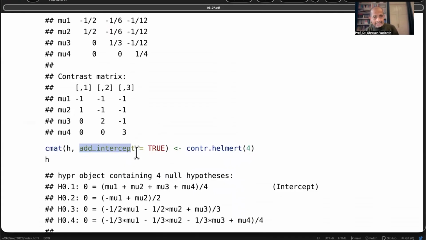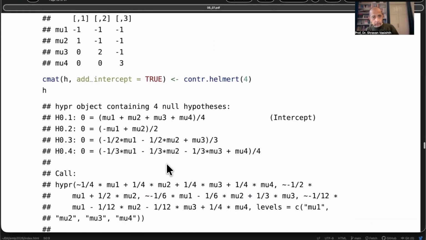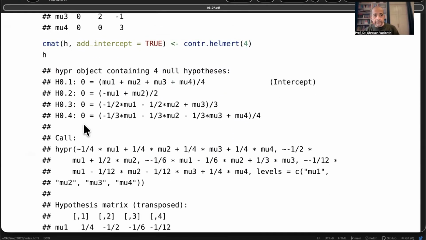But now if you put in add_intercept equal to true, the warning will go away and the comparisons will look like this, okay? There will be an additional hypothesis that is set up for the intercept. And that hypothesis will be testing whether the grand mean is different from 0 or not.